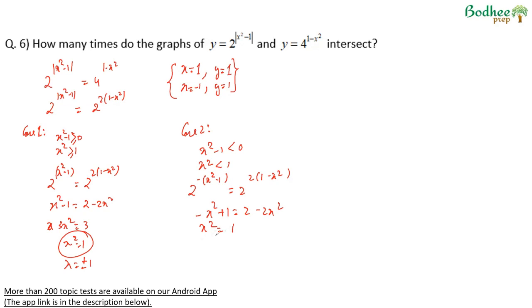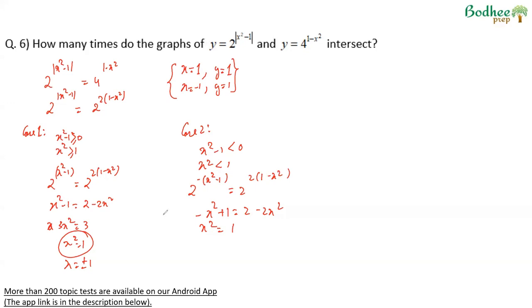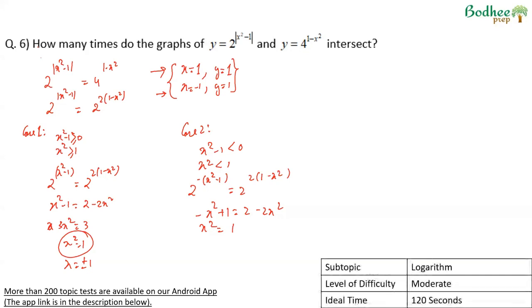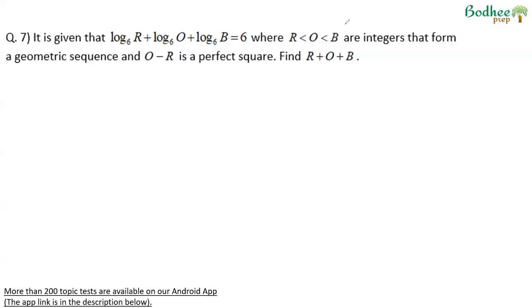Getting the same values, but x square had to be less than 1. This also gives us the same value, and therefore these will be the only 2 points where the graphs will intersect. Again, solving for a quadratic equation with modulus question, about 2 minutes to solve.